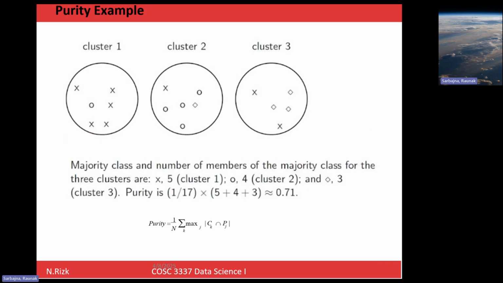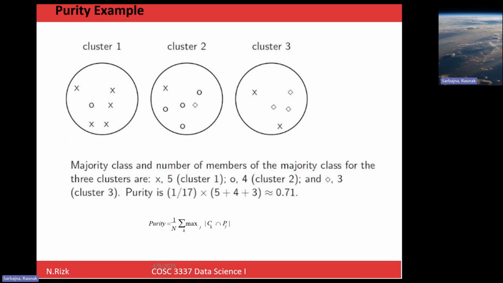Okay, so let's calculate purity for this function, right? So again, this is very simple. It says X and O because that is the ground truth. We know that the X points are from one class and the O points are from a different class. But your cluster has combined them together. So for purity, the formula is the maximum of the intersection between what your cluster has classified as points and what is the ground truth.